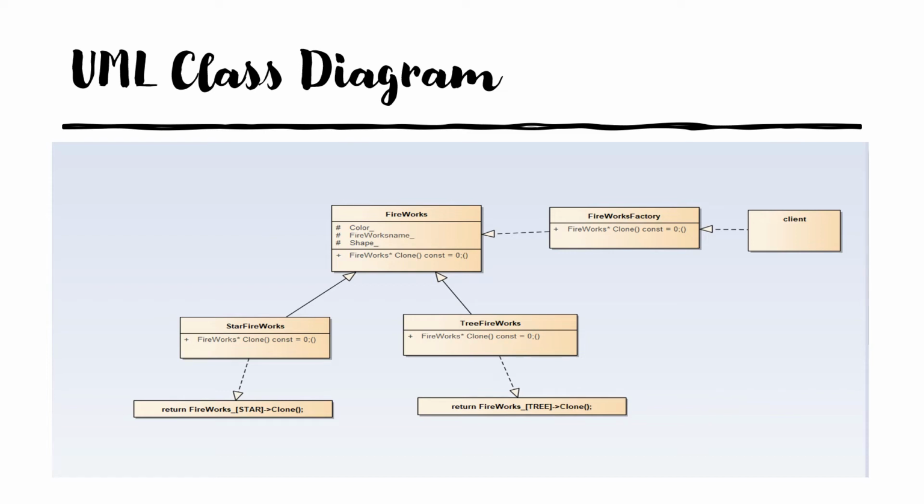So the prototype, which is the fireworks, declares an interface for cloning itself, and then the concrete prototypes, which are star fireworks and tree fireworks, will implement the operations for cloning itself.